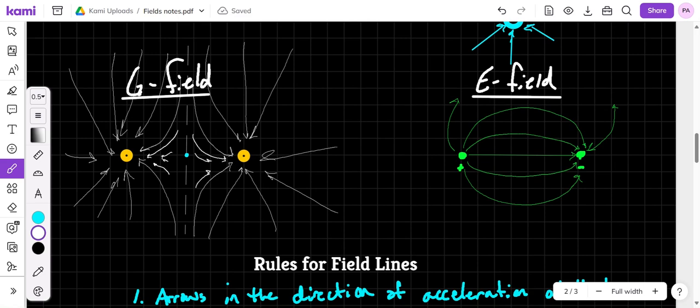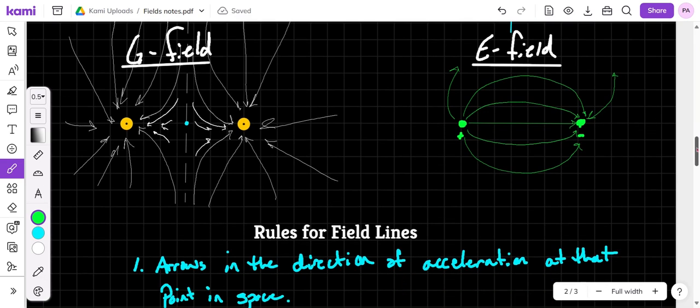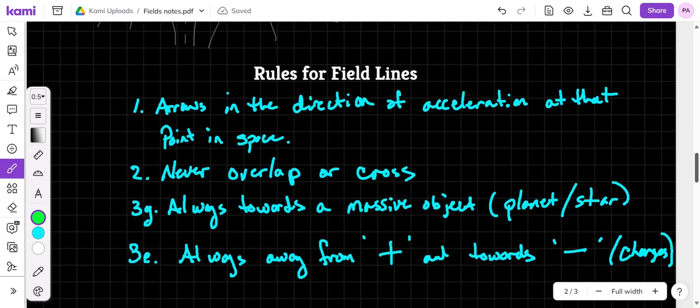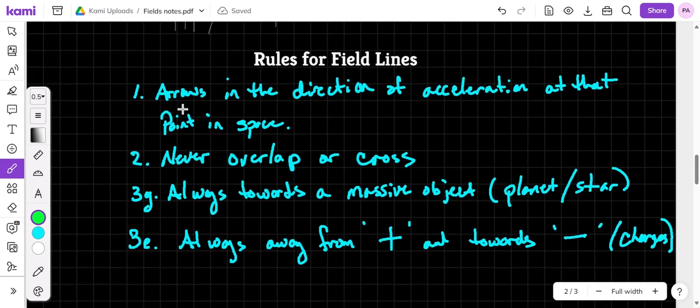For electric field lines, the rules are a little different, but the idea of the line is the same. That if they represent what the direction of your acceleration, what it would be at any point around our electrically charged objects. Okay, so we have rules for these, and here they are.